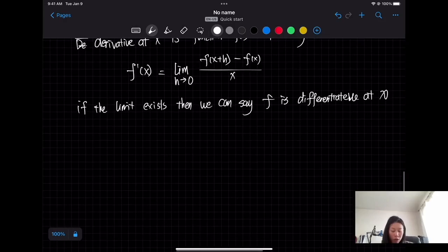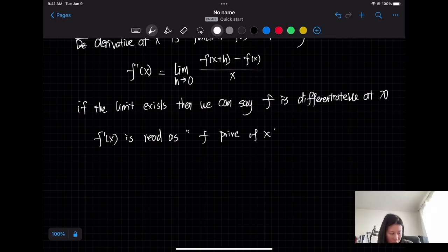Okay, so this f prime of x is read as f prime of x. You might see other notation, but usually when we denote the derivative of y equals f of x, the most common one is f prime of x, or dy over dx.